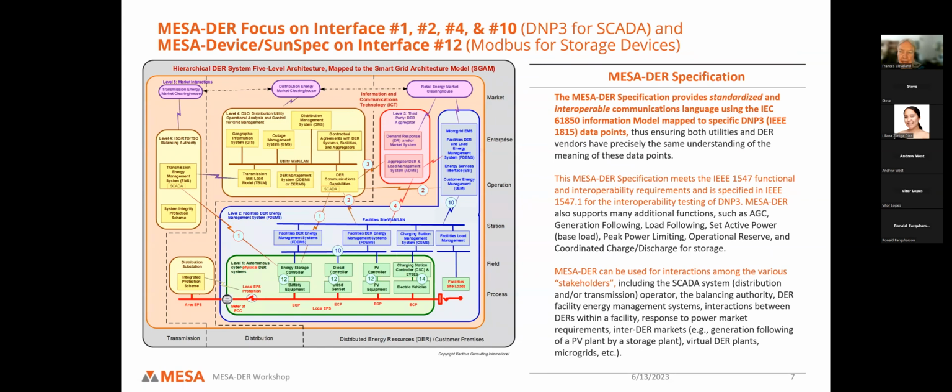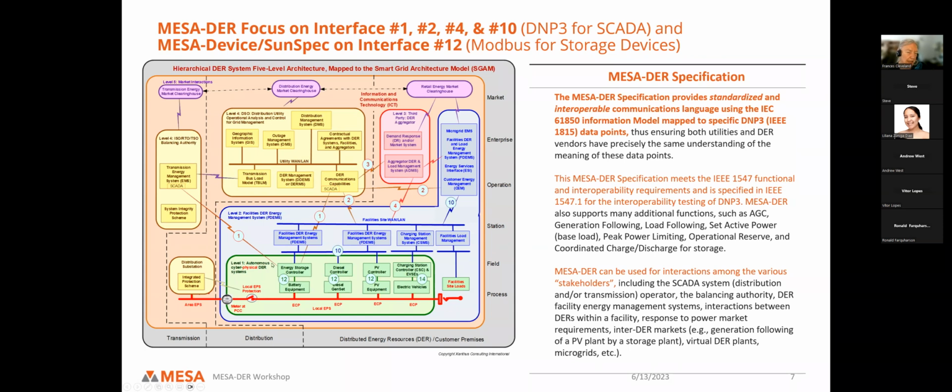One of the things that we needed to be clear on when we were developing this model was that we're talking about a complex architecture, a complex environment. We are not talking just about, say, a single DER storage system controller with a battery.